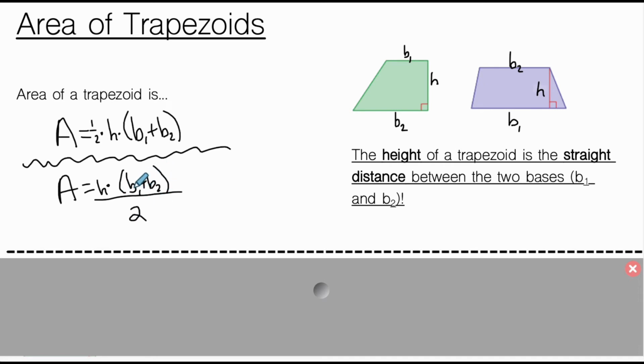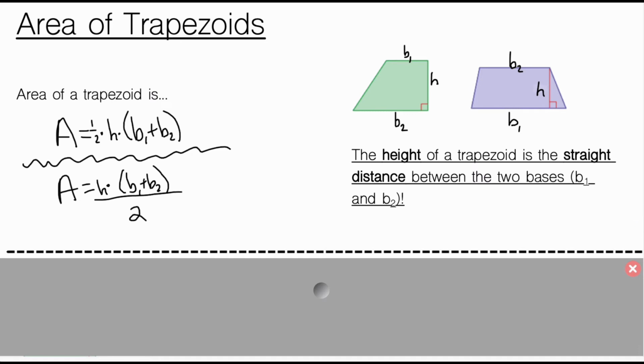In this way, you'd be adding your bases, step 1, multiplying it by the height, step 2, and then taking that whole product and cutting it in half. I kind of prefer using the fraction 1/2, but it's totally up to you. So the formula for finding the area of a trapezoid is half of the height times the sum of the bases, B1 plus B2. So let's look at that in practice.